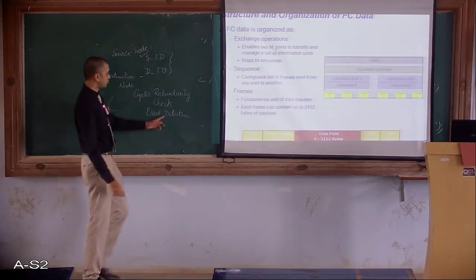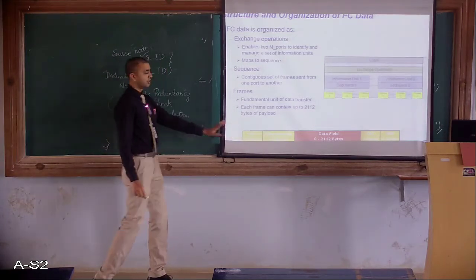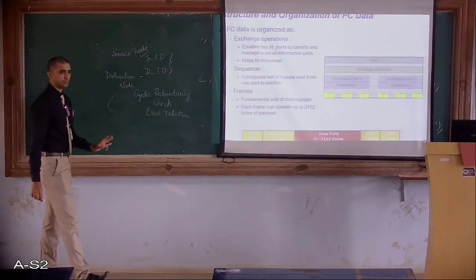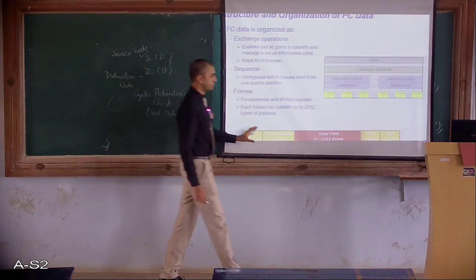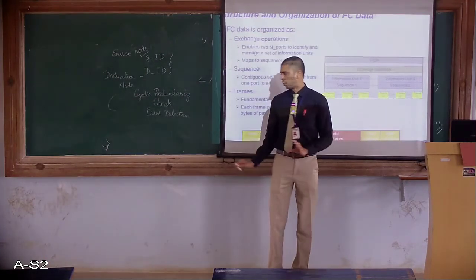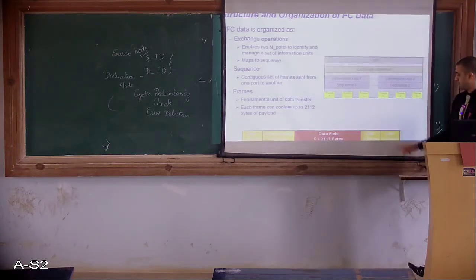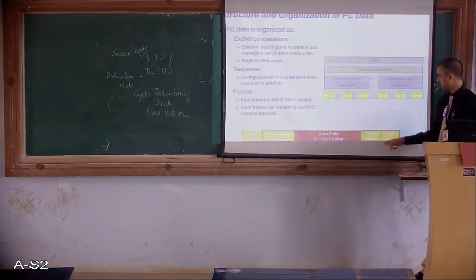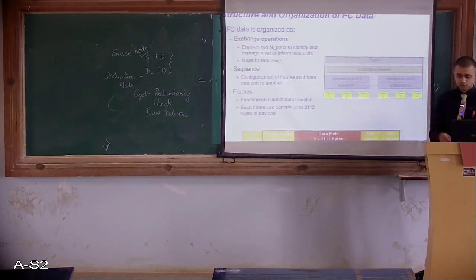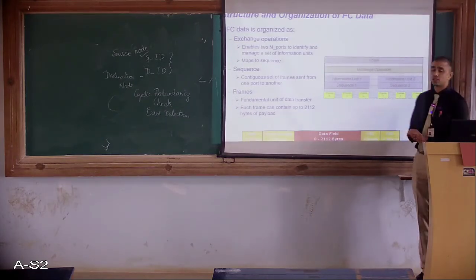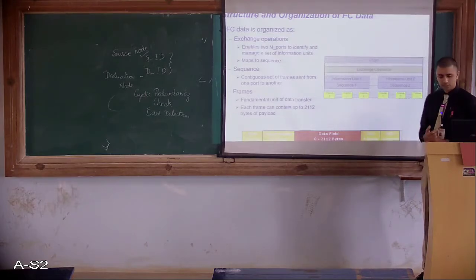It also checks whether the frames are intact, which means it checks whether the frames have been sent and received properly or not. This is what CRC refers to. End of frame indicates that this is the end of the frame. So this is the structure and organization of Fibre Channel data.